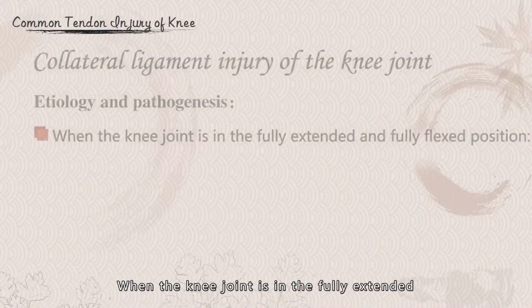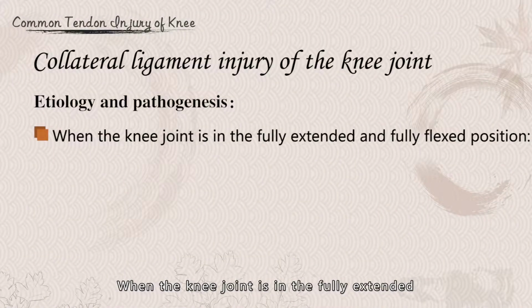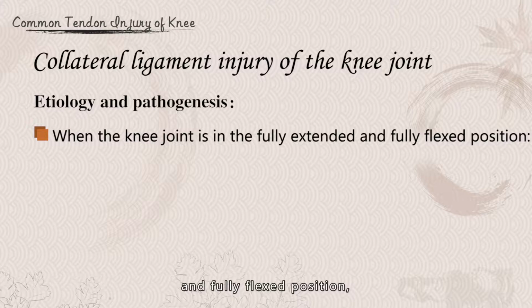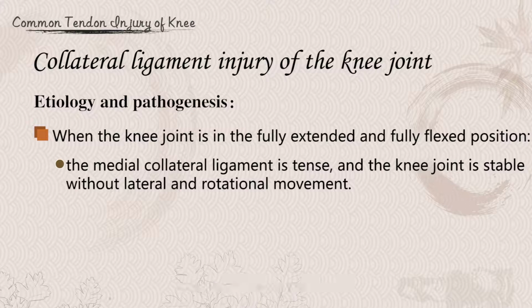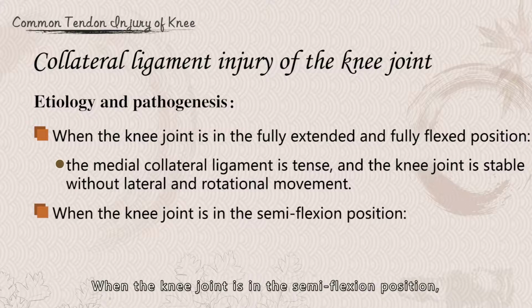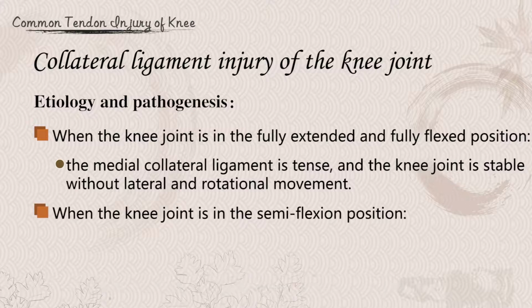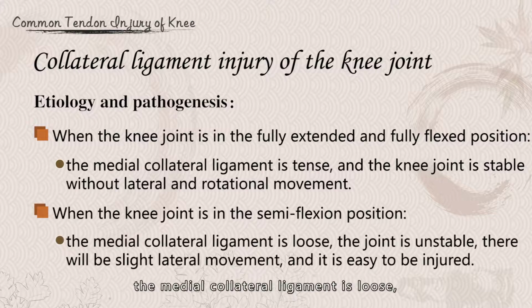When the knee joint is in the fully extended and fully flexed position, the medial collateral ligament is tense, and the knee joint is stable without lateral and rotational movement. When the knee joint is in the semi-flexion position, the medial collateral ligament is loose. The joint is unstable. There will be slight lateral movement, and it is easy to be injured.